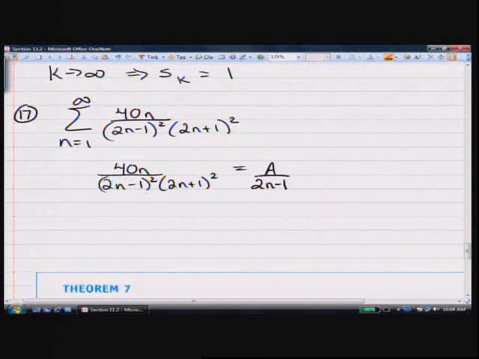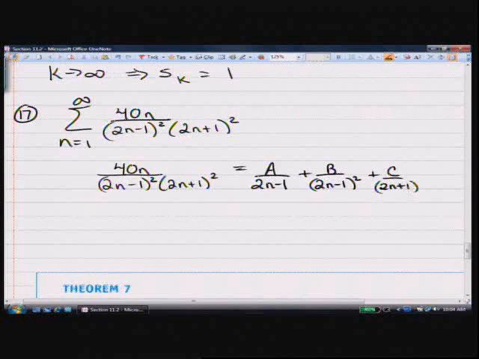You know, these are linear, but since they occur twice, you have to account for each time that it occurs. So you have to have a B over 2n minus 1 squared. Does that make sense? So each time it occurs, you have to put a letter in. And then you'll have a C over 2n plus 1 and a D over 2n plus 1 quantity squared.